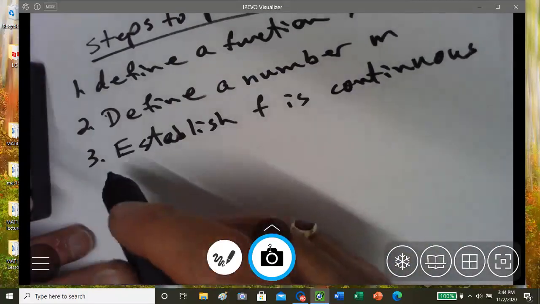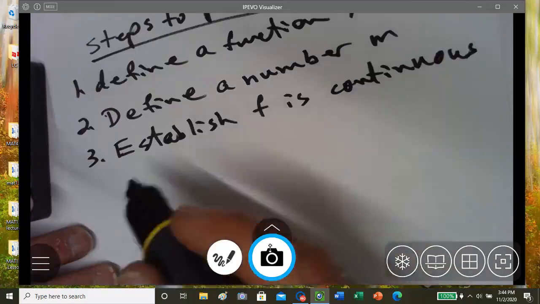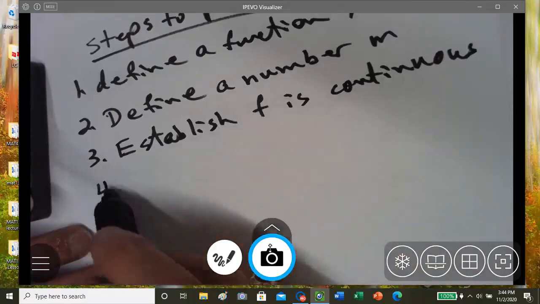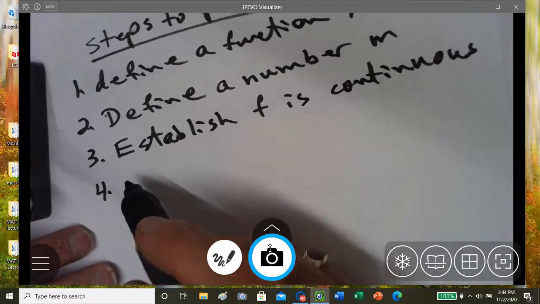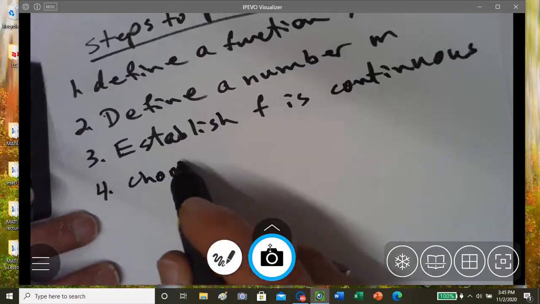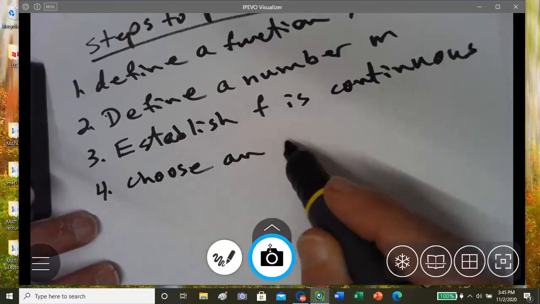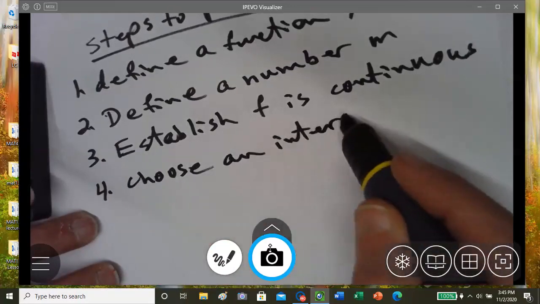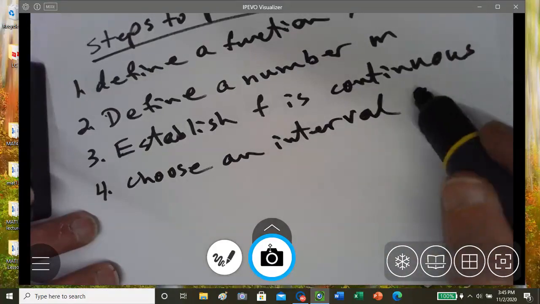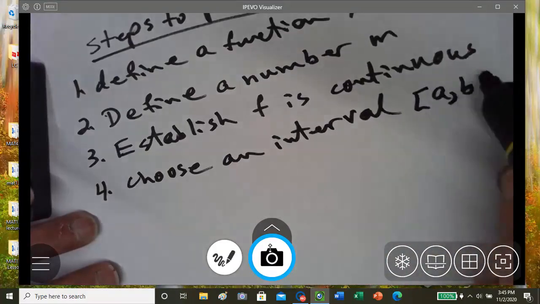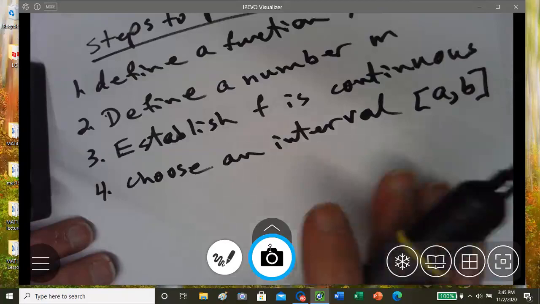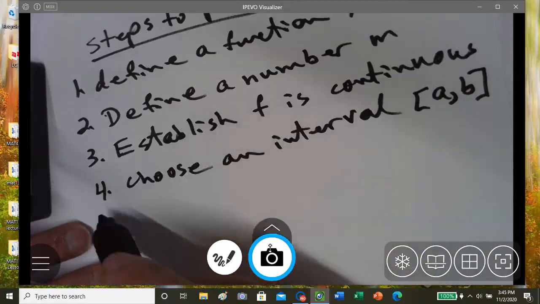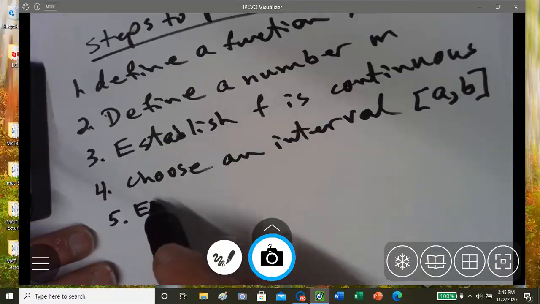We have to have continuity at all points, because if we don't, then the whole thing breaks down. Step 4, choose an interval a b, and this may be given.